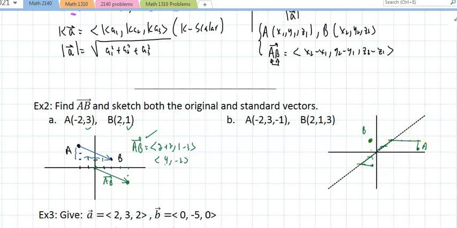That's B, that's A. If I look at this vector looks like this. Okay, kind of hard to see. If I find vector AB, that's actually 2 minus a -2, that's 4. 1 minus 3 is -2, and 3 minus a -1 is a 4. So if I move 1, 2, 3, 4, 2 to the left, and 4 up.